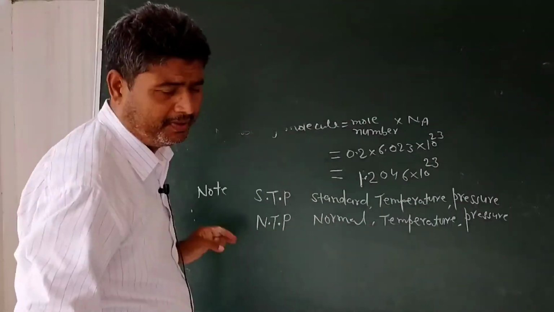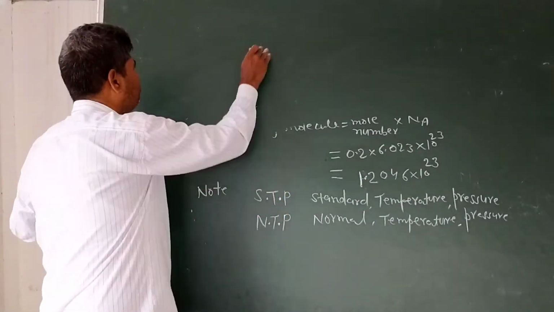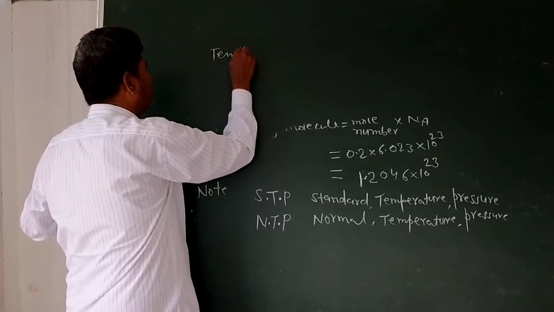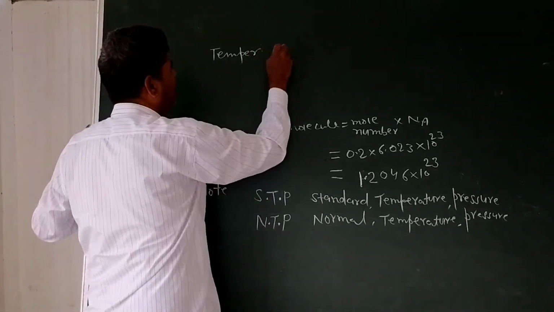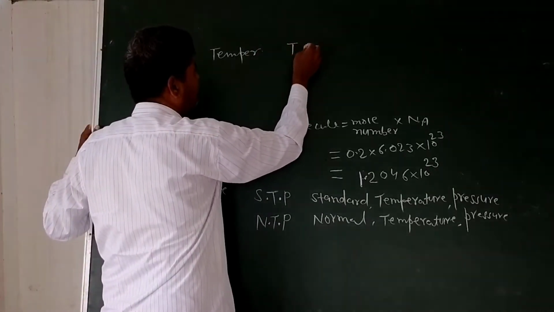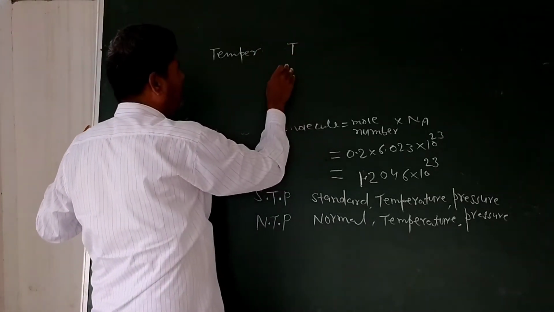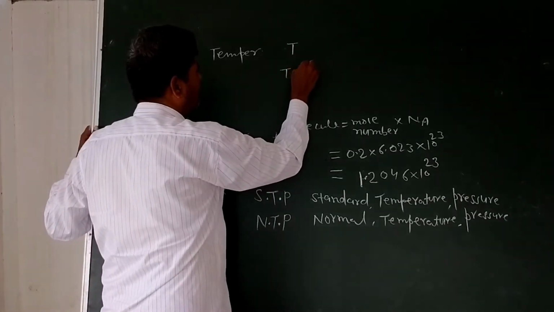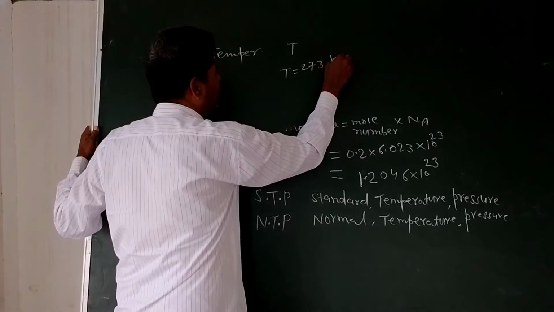Temperature for STP or NTP. Temperature is denoted by capital T, and the value of T is 273 Kelvin.